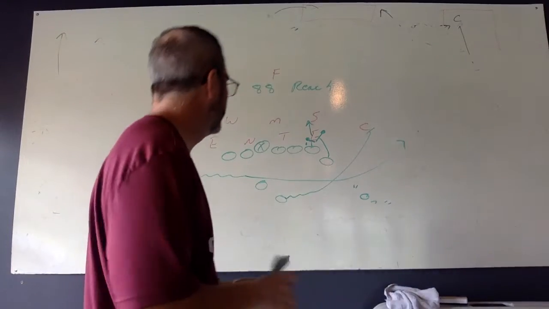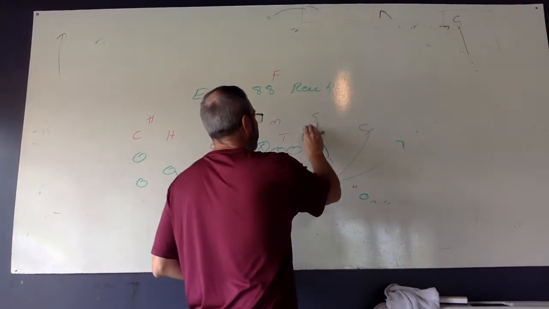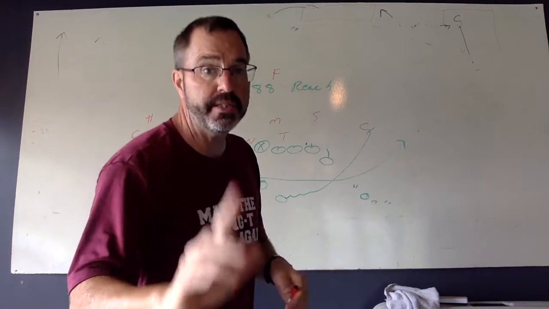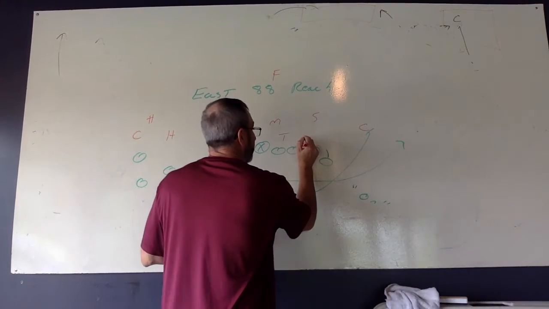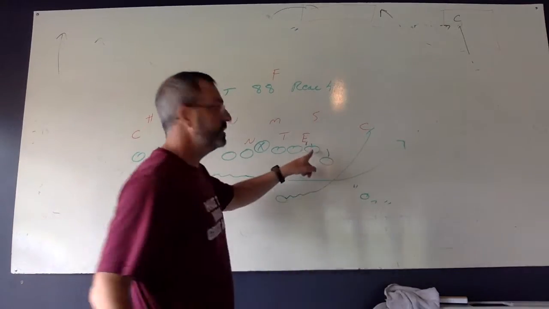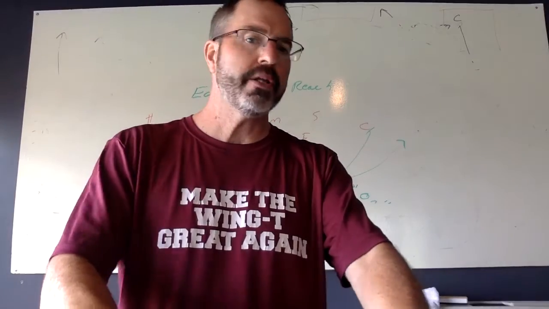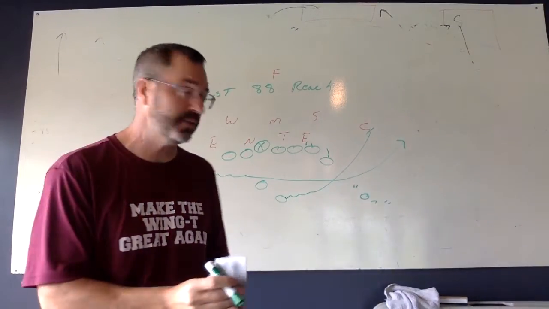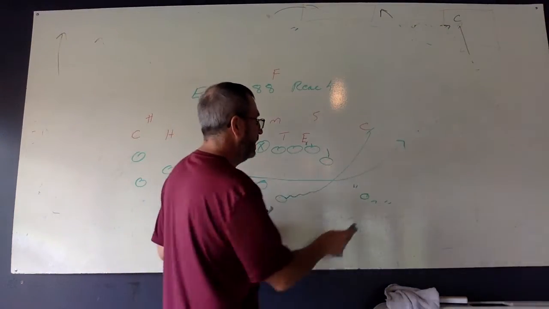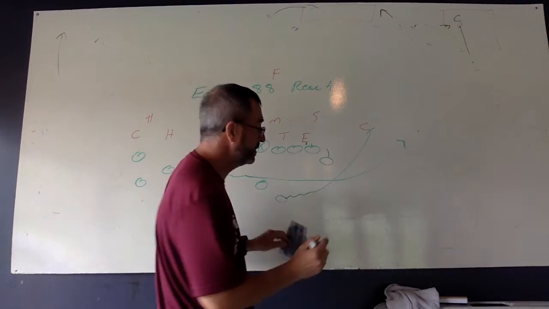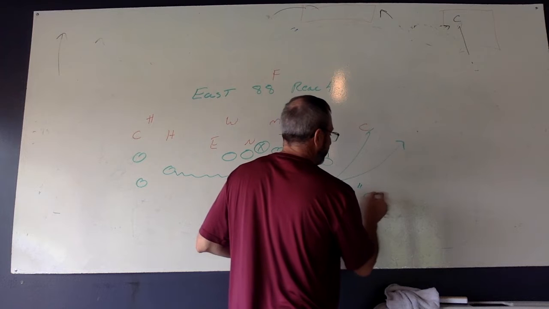So, if this defensive end lines up here to the inside of the tight end, if that happens, we don't want a double team because it's a waste of players. If he lines up to the inside of the tight end, that tight end calls off.